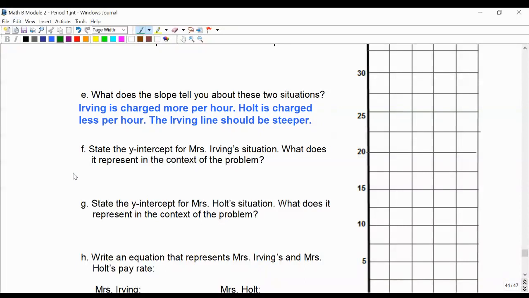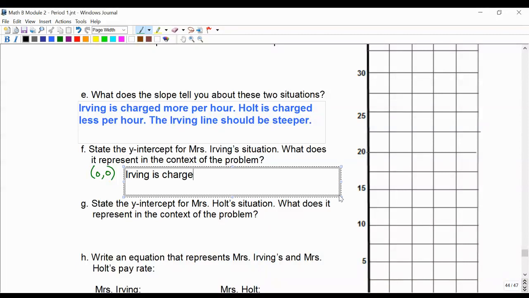All right. Y-intercept for Irving was 0, 0. Irving is charged $0 for 0 hours, right? There's no initial amount.